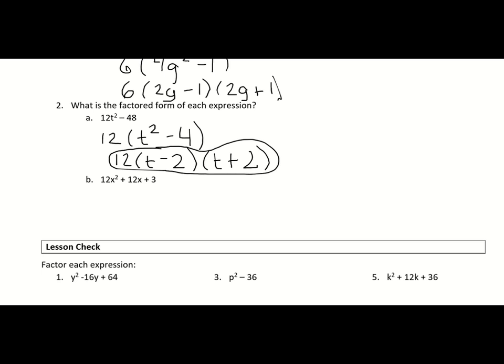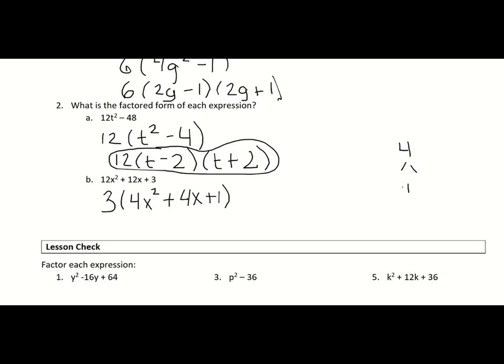Lastly, I'm going to factor b. First thing I'm going to do is take out my GCF. They all have a 3 in common. So I have 4x squared plus 4x plus 1. I want to factor this trinomial as much as possible. So I'm going to multiply 4 and 1 together to get 4.